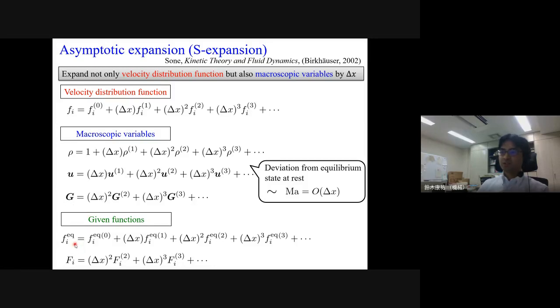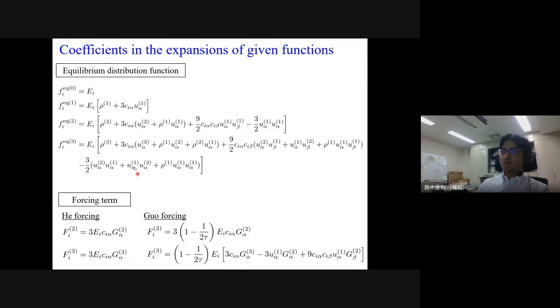The equilibrium distribution function, f_i^eq, and the forcing term, capital F_i, are given functions of the macroscopic variables. So these given functions can be expanded as shown in these equations, and the coefficients in the expansions are given by the macroscopic variables as shown here as well.